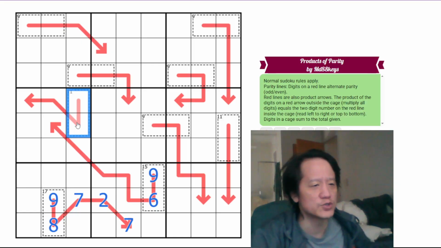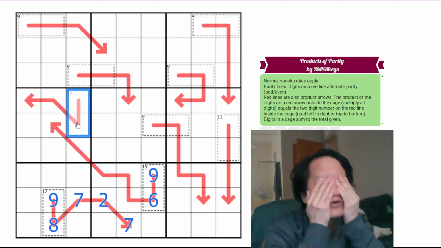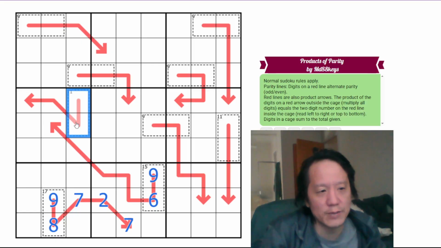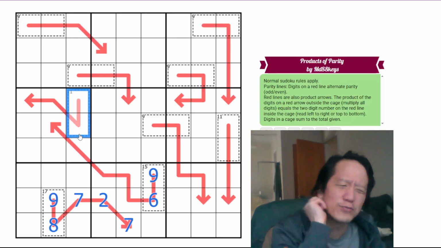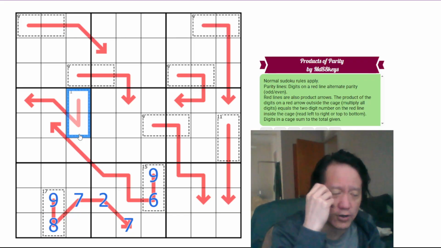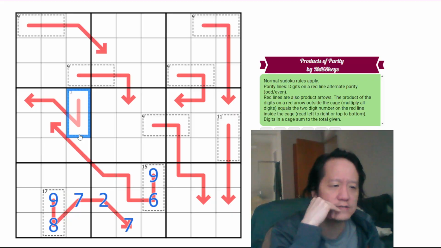So 4 times 23 is obviously not going to work because 23 is prime. And so 23 can't be a single digit, so it cannot be 2, 9. Can it be 3, 8? 83, I believe, is prime.